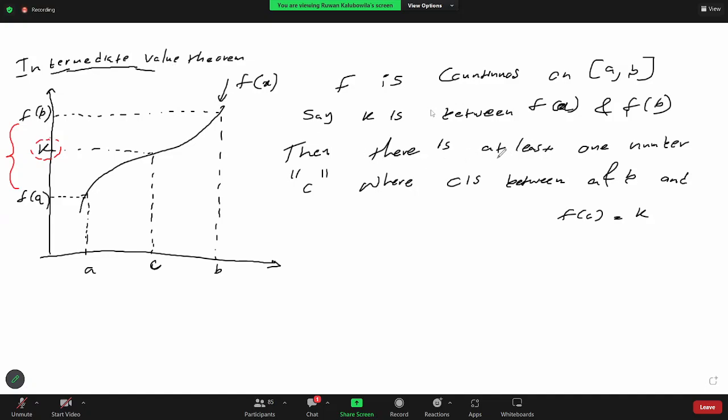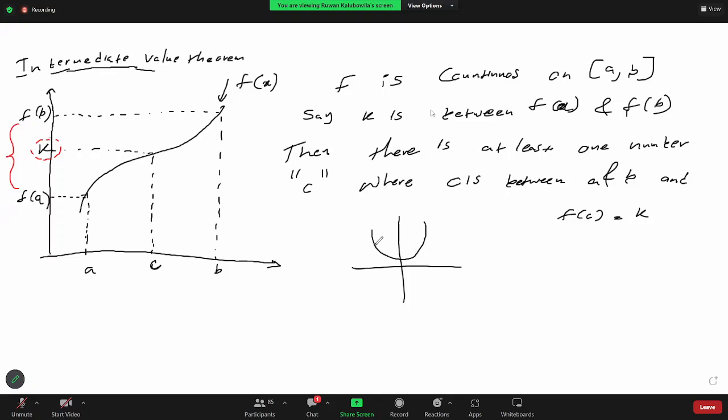But here you have some problem. It says there is at least one number, but there could be more. That is why this term is right. Take some functions, for example the very simple x squared function.